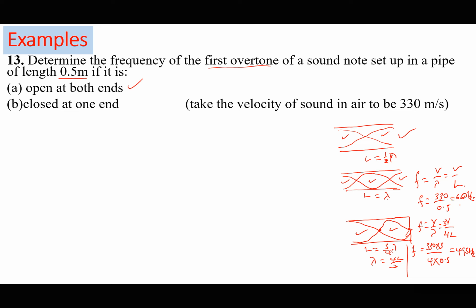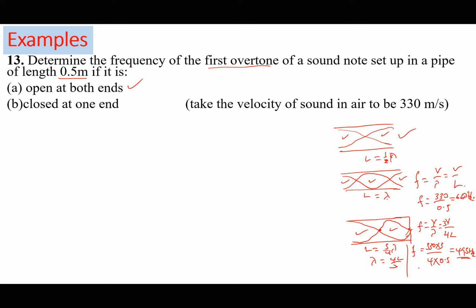So I want you to notice that the first overtone of an open pipe has a higher frequency than the first overtone of a closed pipe. Even, by the way, the fundamental frequency for an open pipe is always higher than that of the closed pipe. So it implies, therefore, that an open pipe will give a better quality of sound than a closed pipe.